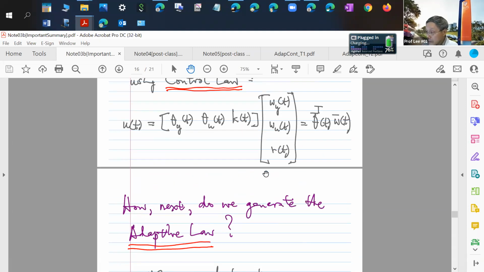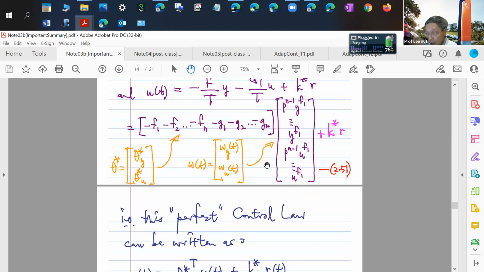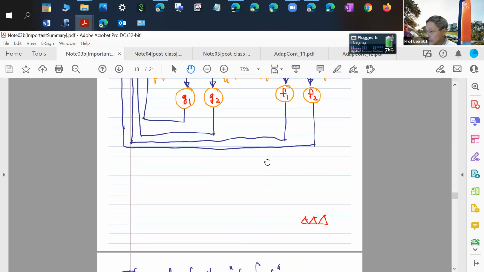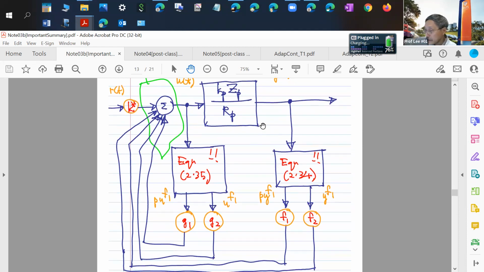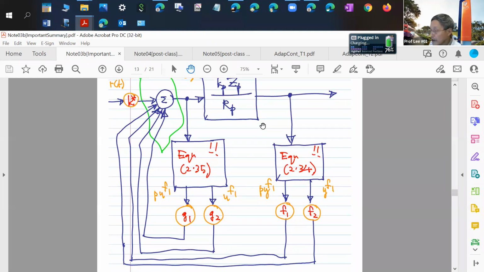Okay, then, as I also told you, go back and stare at this diagram now. So this is your original system to begin with. And then you say, okay, in order to generate my adaptive controller, I need to make a 1/t filter here.